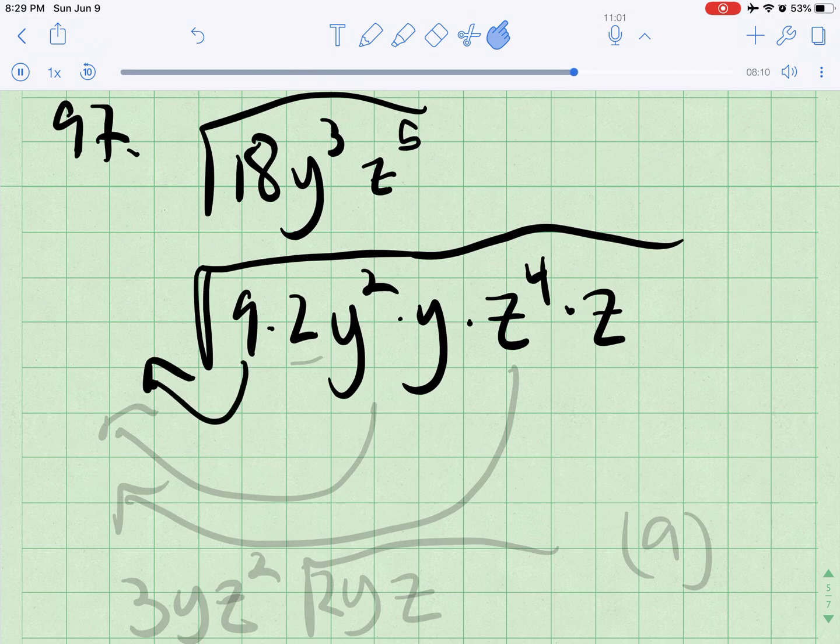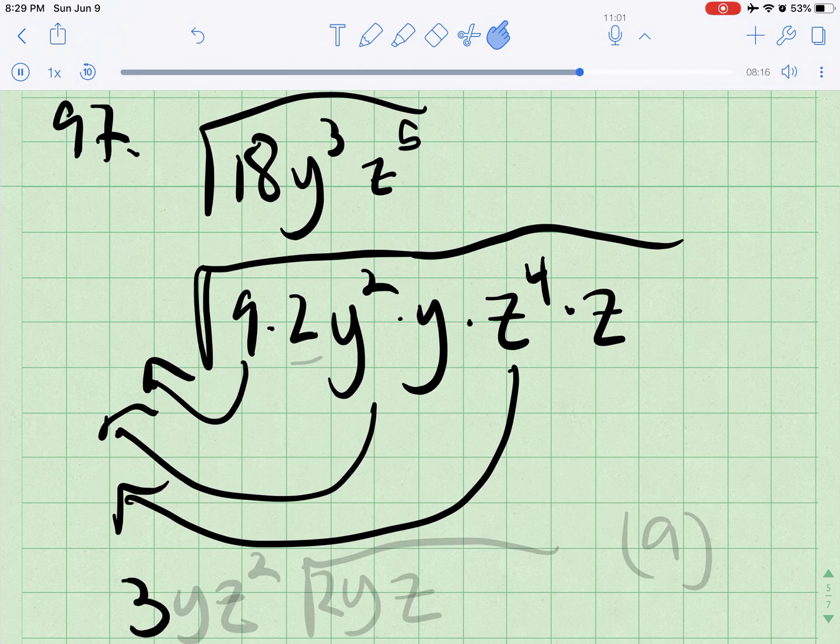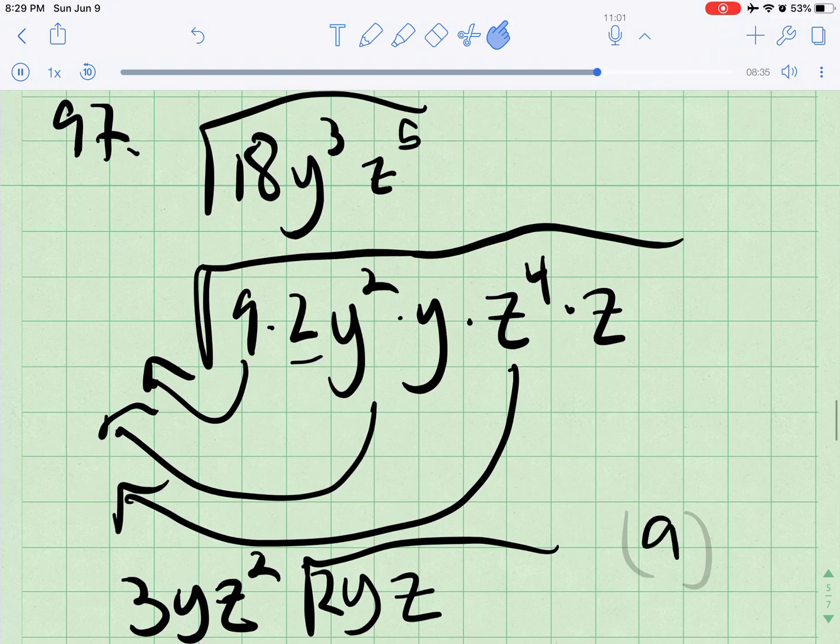That's a perfect square. This is a perfect square. This is a perfect square. So now I have 3 times y times z squared. With the square root, what's left? 1y and 1z. Oh, and I left the 2. The 2 is there also. 97 is A. Choice A.